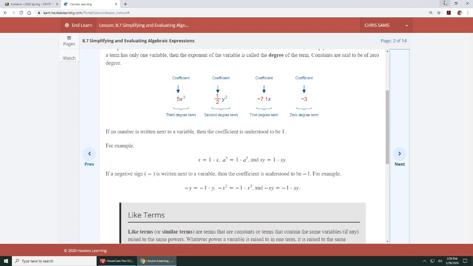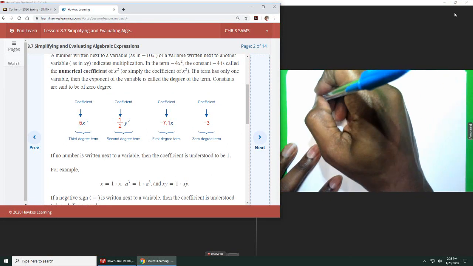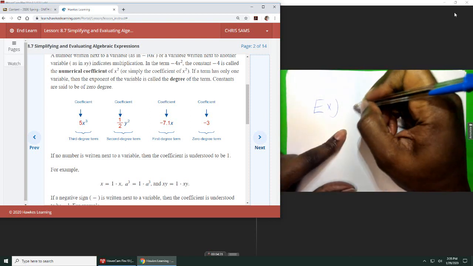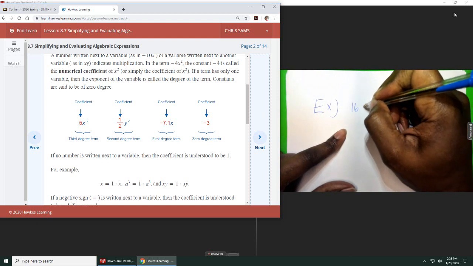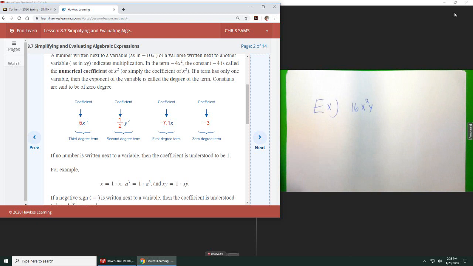While I'm here, let me go ahead and mention it. Really what you want to do is count the variables. So here's an example. I don't know if you'll see one like this, but it's noteworthy. If I have 16x squared y, I have 2 different variables listed. You need to add all of them up to determine the degree.